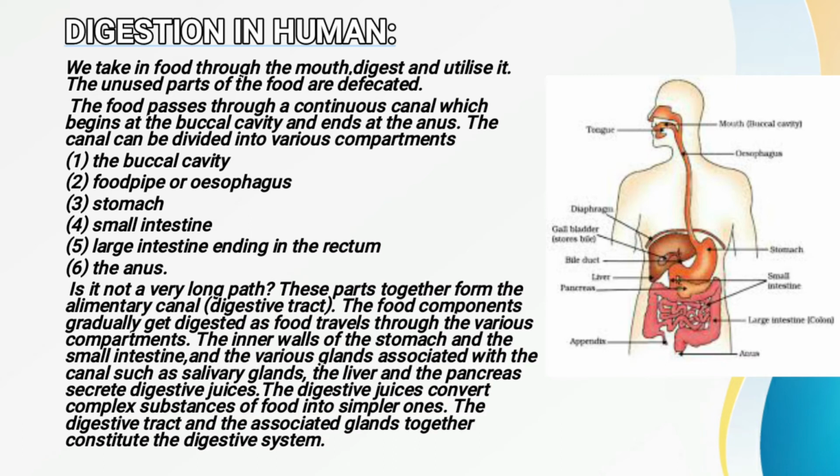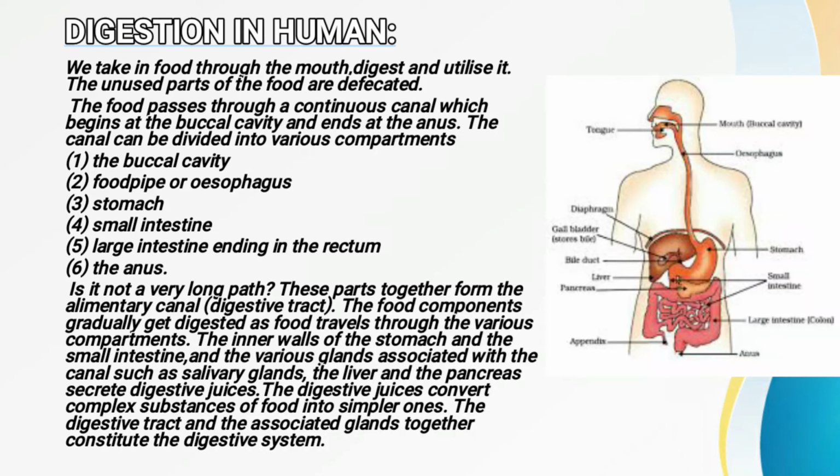Now see, when all these organs, including all these glands, work together, they constitute a digestive system, or you can say a digestive tract, which is also called the alimentary canal.